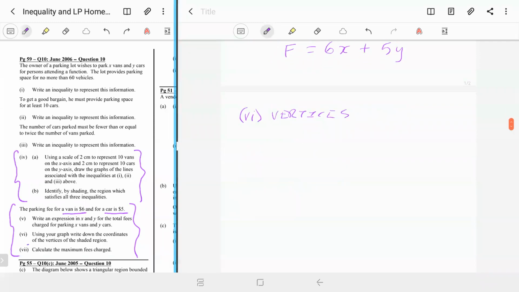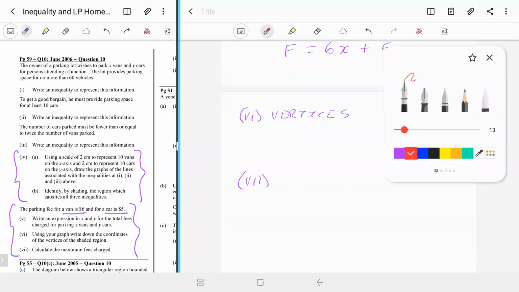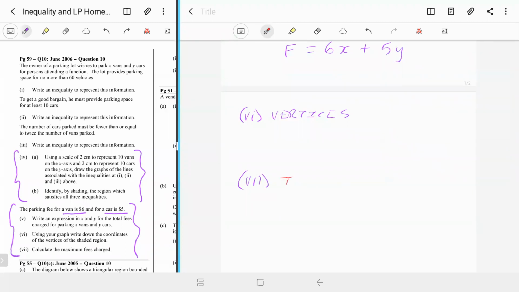And then part 7, they want us to calculate the maximum fees. For part 7, we are going to have to do a little test. We're going to have to remember the test for maximum fees.